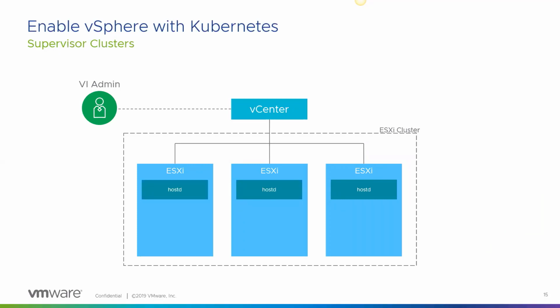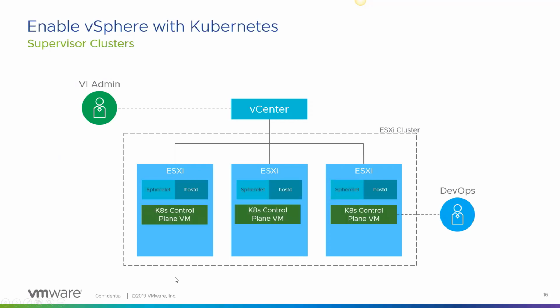We're looking at a standard vSphere cluster, right? The standard vSphere cluster is running the hostd process, which allows it to manage virtual machines and the overall vSphere infrastructure. When I go in and I say I want to make this a supervisor cluster, what happens behind the scenes? Well, let's take a look. One of the things that happens is we deploy per node a control plane VM.